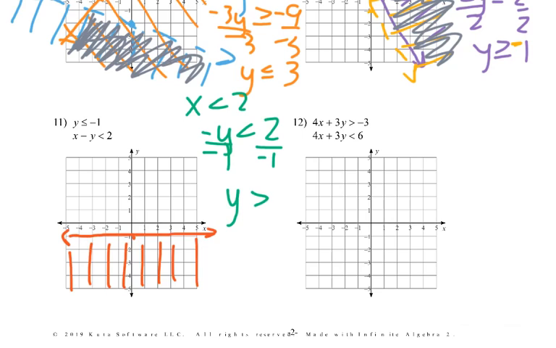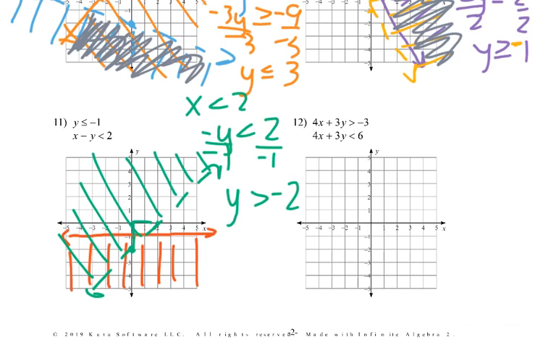We get y is greater than negative 2. So negative 2, y is bigger. Positive 2, x is smaller. Not equal to, dotted line. We can see which direction to shade. And we can also see exactly where we need to overlap and where we would be dealing with the overlapping.